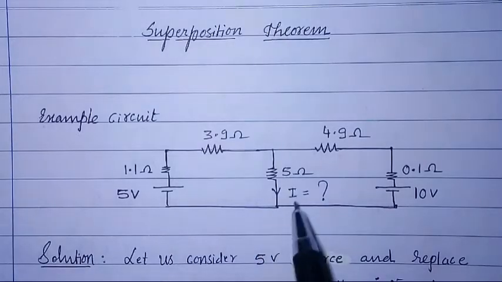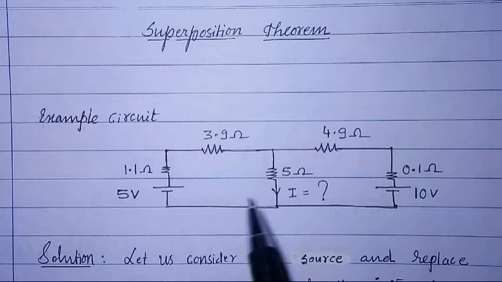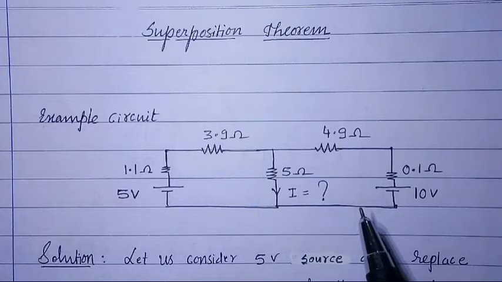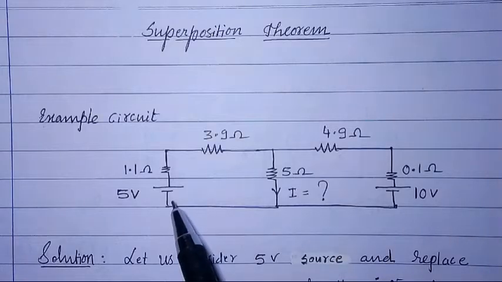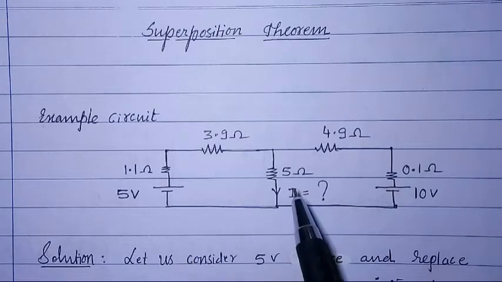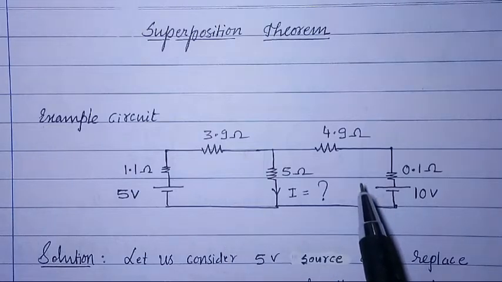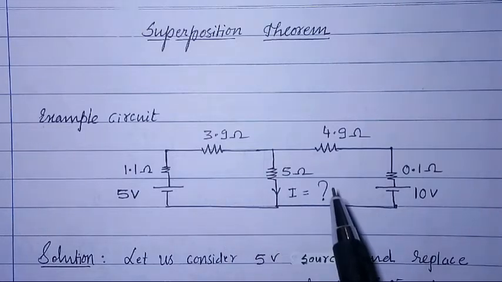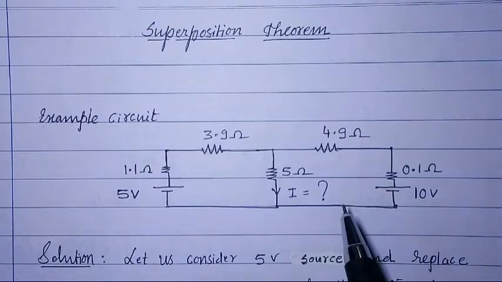So to find current through 5 ohm resistor, what we did is we used Kirchhoff's voltage law and then we wrote two equations for each source and then found current through 5 ohm resistance due to each source. After that we added two currents to get the total current through 5 ohm resistor.